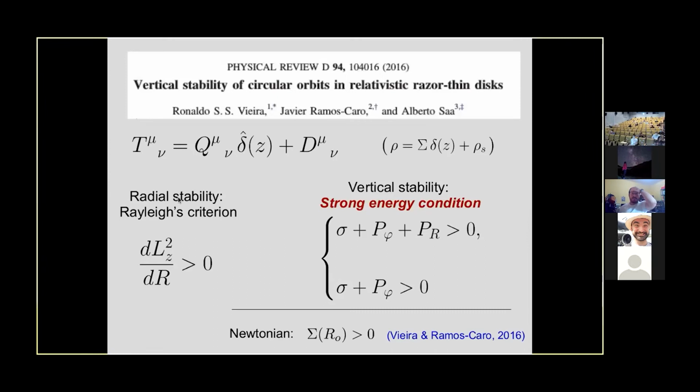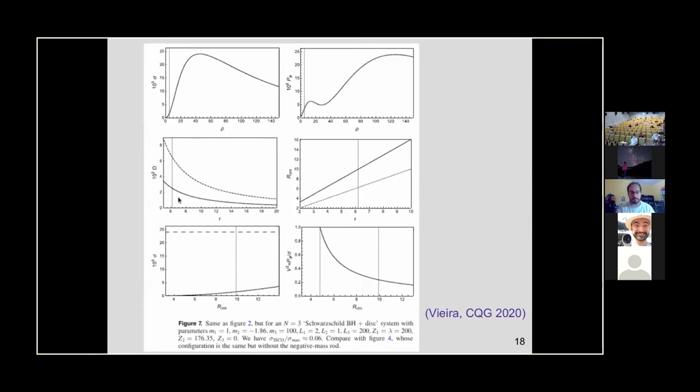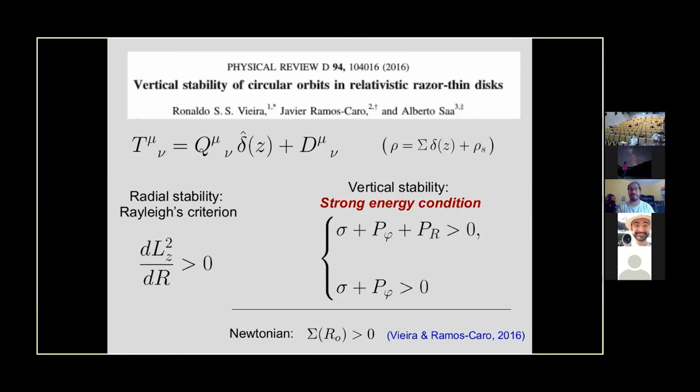But I would like to finish with this. This is one part of the talk. The other part is two slides, right? Which is the stability of those orbits. If we have this kind of system, then we know that radial stability of circular orbits is given by Rayleigh's criterion, this one, or by the radial epicyclic frequency being positive.